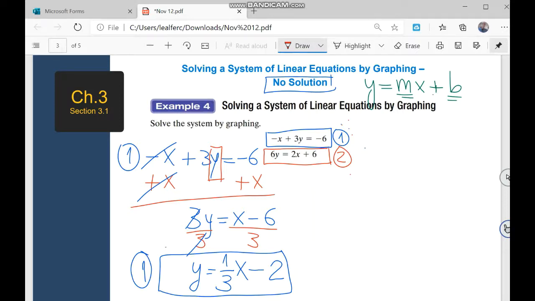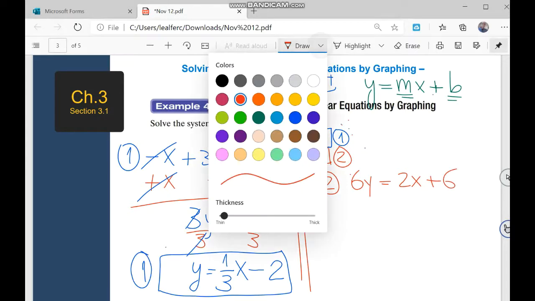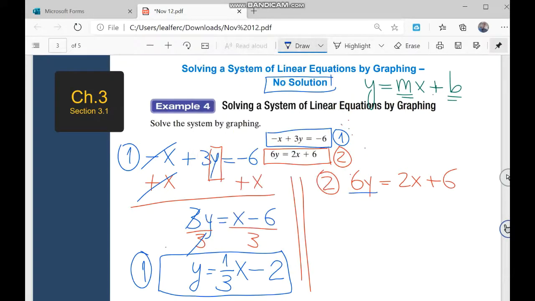Now let's work with equation number 2. Equation number 2 is 6y equals 2x plus 6. Divide both sides by 6, because we want to make it look like the slope-intercept form, right?